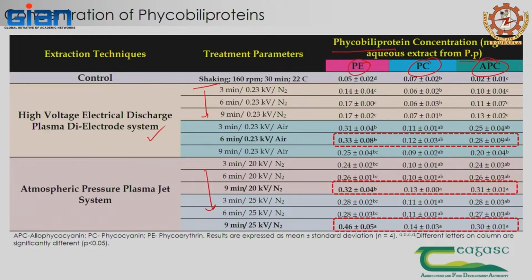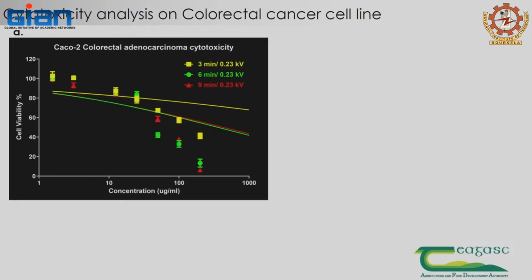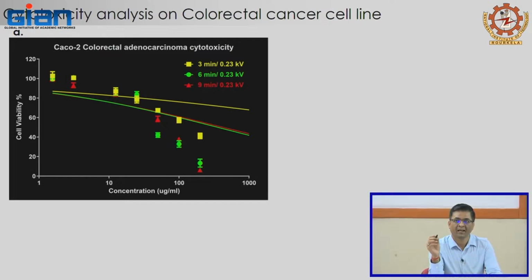So, when you saw the plasma system, you can generate plasma species by using air, nitrogen, oxygen or a combination of different things. Yeah. What difference will it make? Any idea? It will differ in the reactive species. Yeah. You have seen the plasma system, what type of gas is used will depend upon what reactive species you are making.